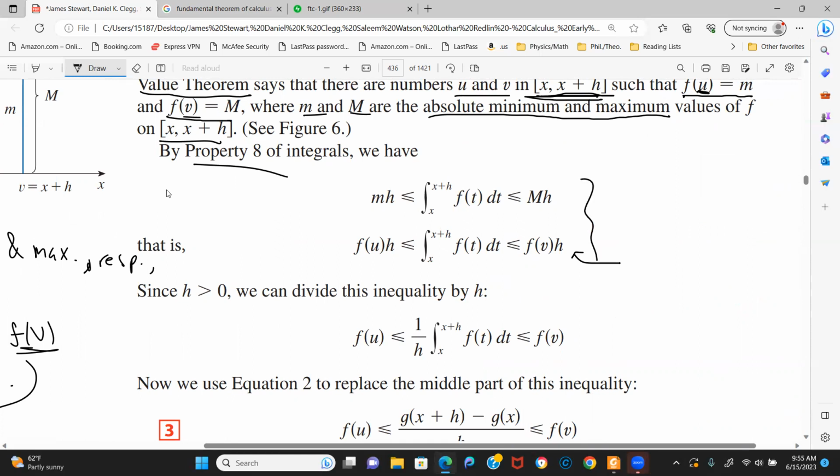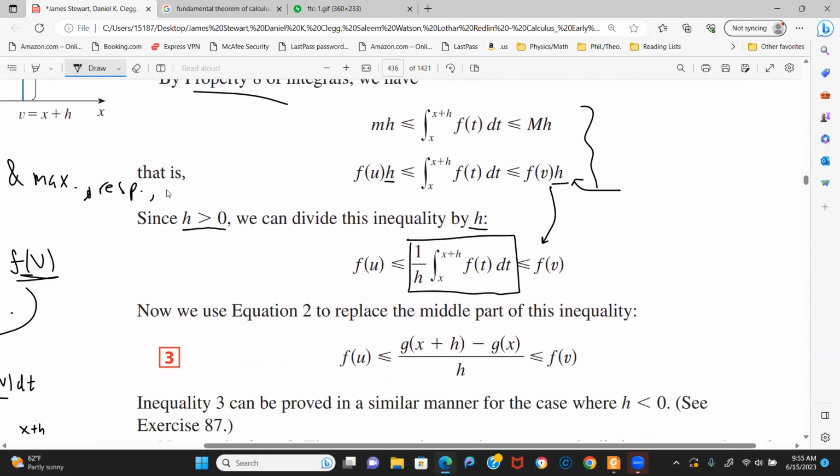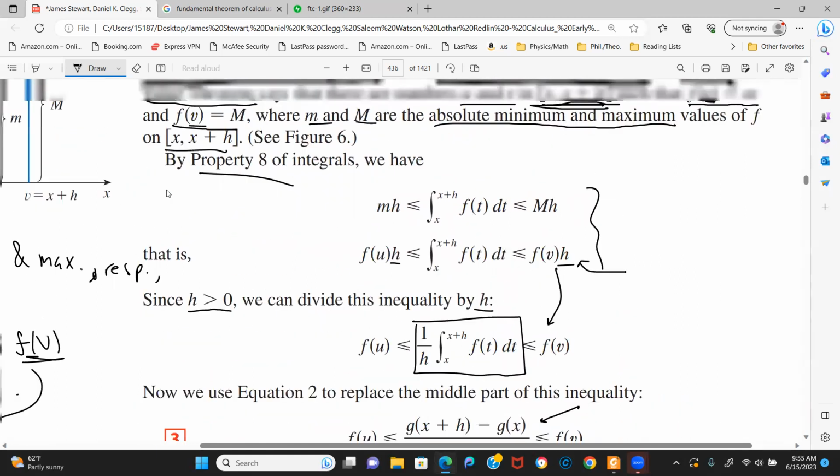All right, so now you have h here and h here. And what we're going to do, so we're assuming h is positive, and it's not zero, of course, we can divide the whole inequality by h without reversing any of the signs. So this leads to this. But this thing right here in the middle is exactly our difference quotient with g. That was the first thing we calculated up here.